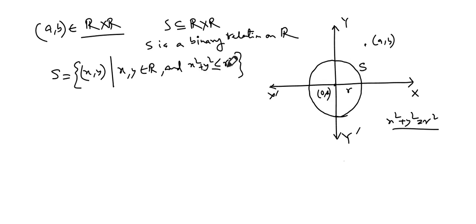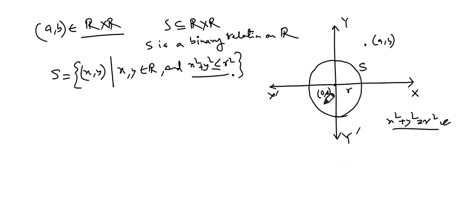All the pairs in between, within this area, satisfy x squared plus y squared less than r squared. So in total all the points on the circumference or within this circle satisfy this relation. The relation between x and y in each pair is this. So obviously S is a binary relation on R.